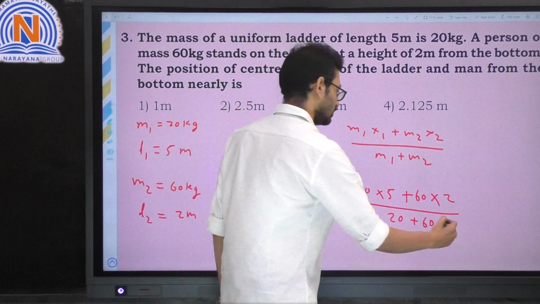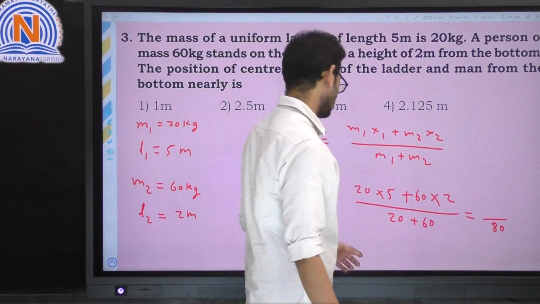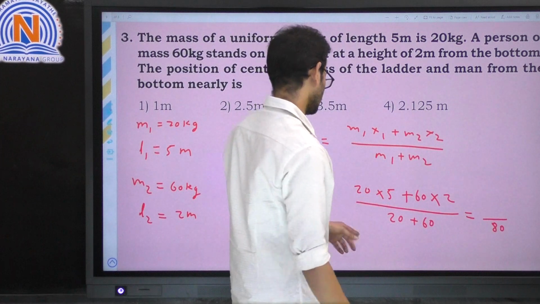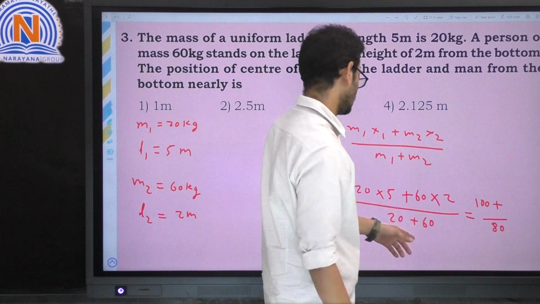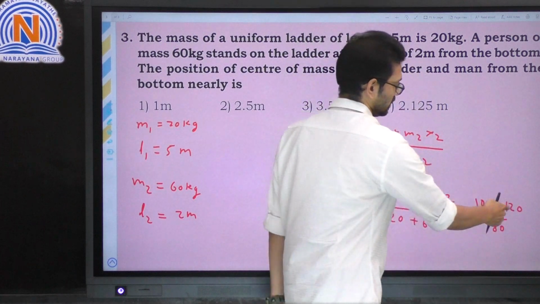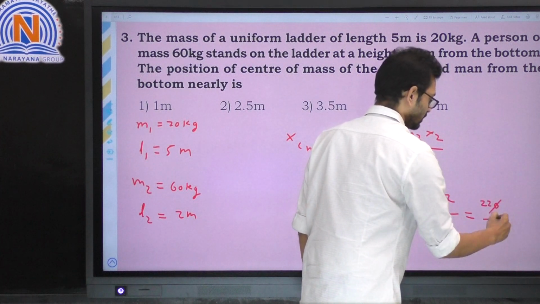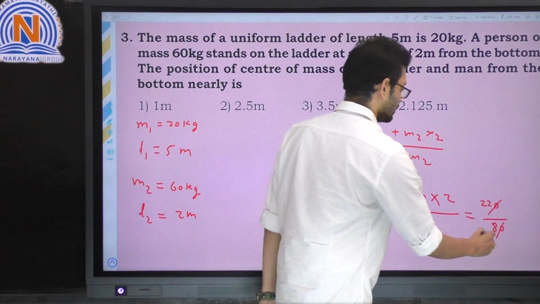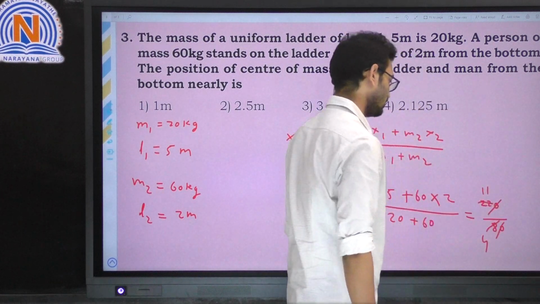So you will be getting 80 at the bottom, and 100 plus 120 on top, which is 220. The zeros get cancelled. 2 4s are 8, 2 11s are 22.